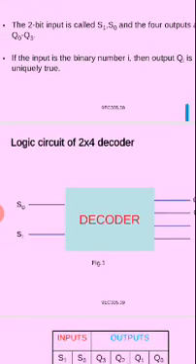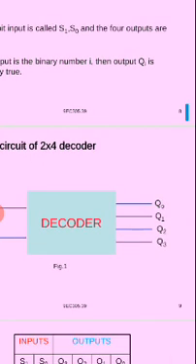Like here, S0, S1 are the inputs, Q0, Q1, Q2, Q3 are outputs.